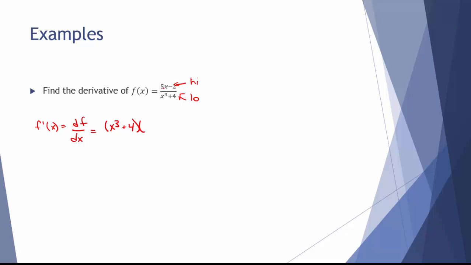So the derivative of 5x is 5, and the derivative of negative 2 is 0. So that's just 5. Minus the numerator, 5x minus 2, times the derivative of the denominator. So the derivative of x cubed is 3x squared, and the derivative of 4 is 0. All over the denominator squared, x cubed plus 4 squared.